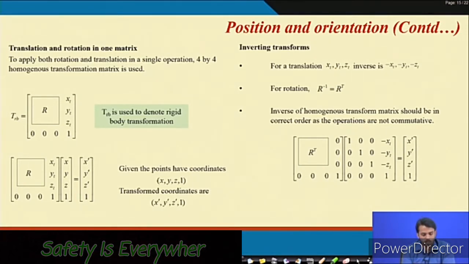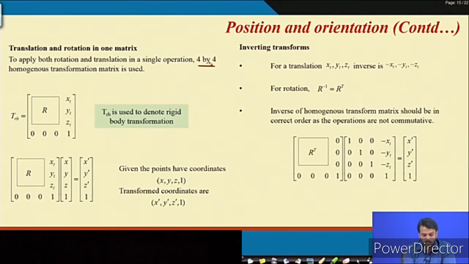For that reason we consider the 4 by 4 homogeneous matrix. For this homogeneous transformation, a particular matrix is used, that is TRB, the rigid body transformation.